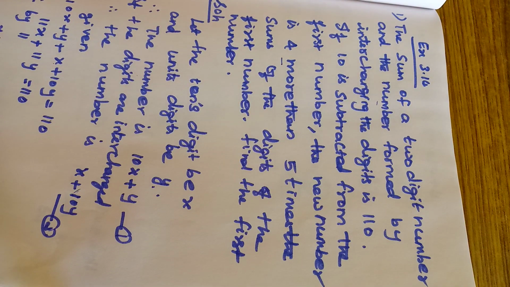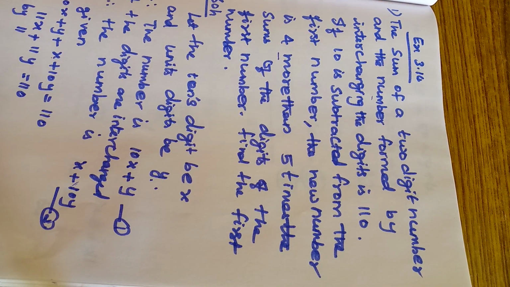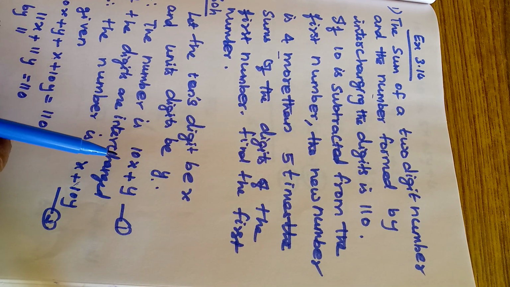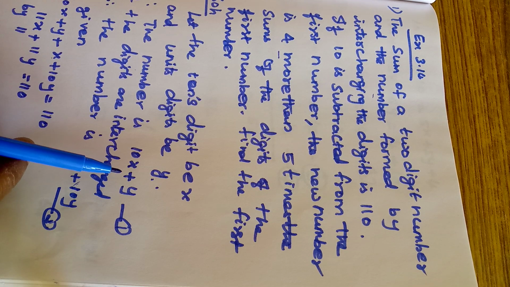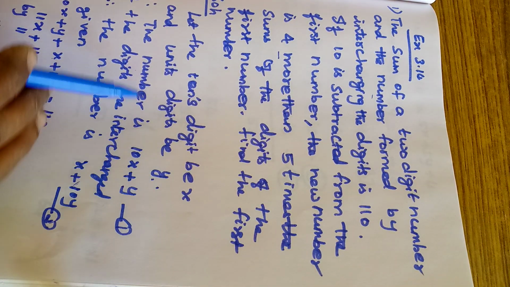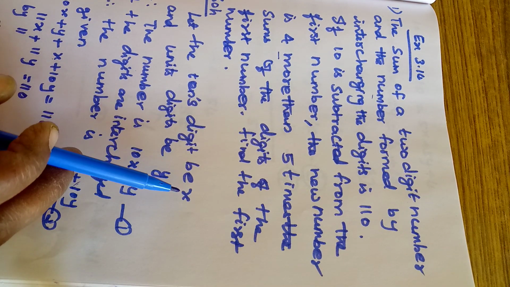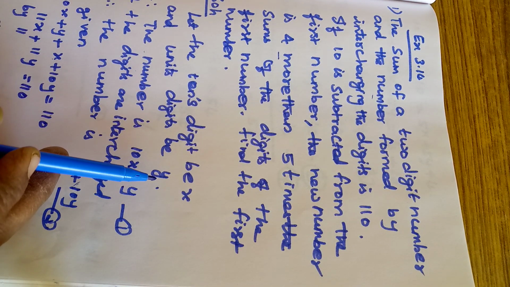What is given? The sum of a 2-digit number and the number formed by interchanging the digits. A 2-digit number has 2 digits, that is the tens digit and the unit digit. First, we took tens digit as x and unit digit as y.